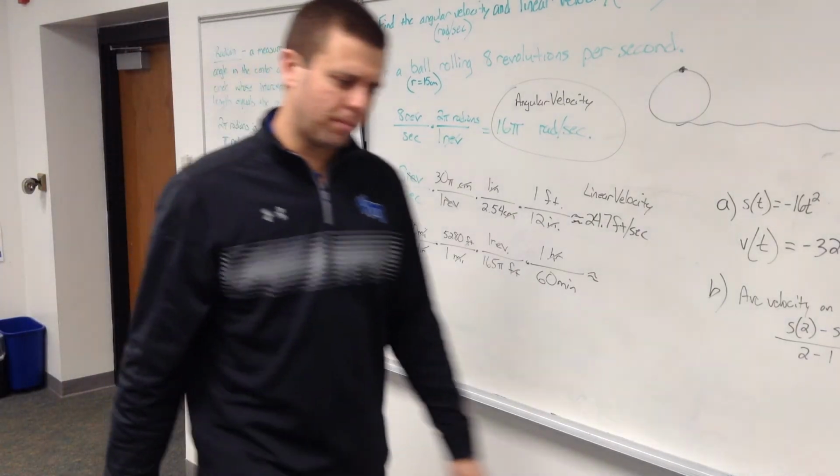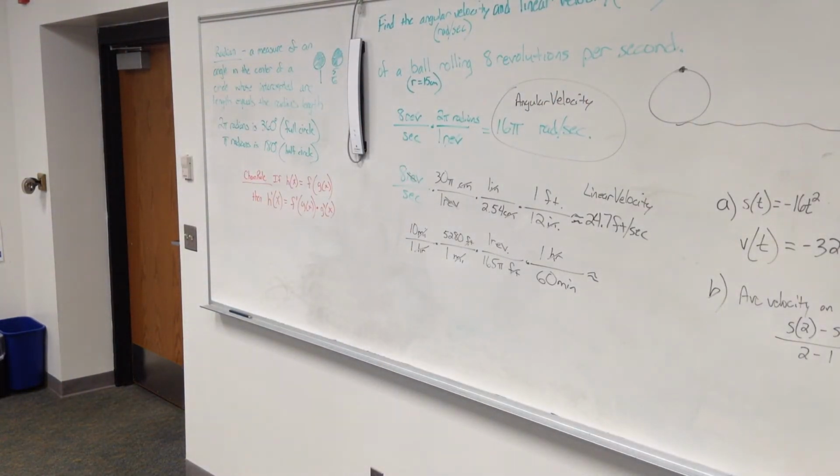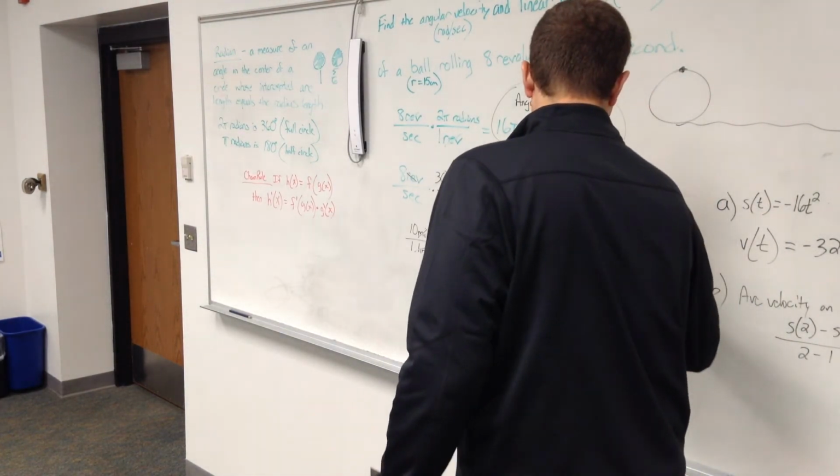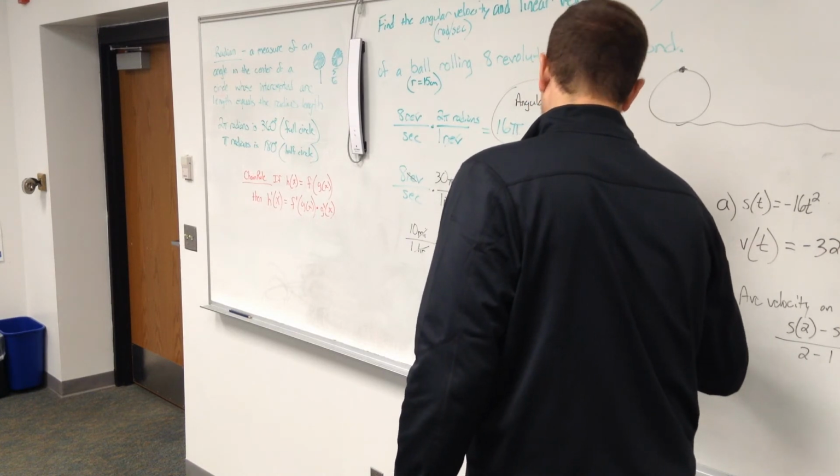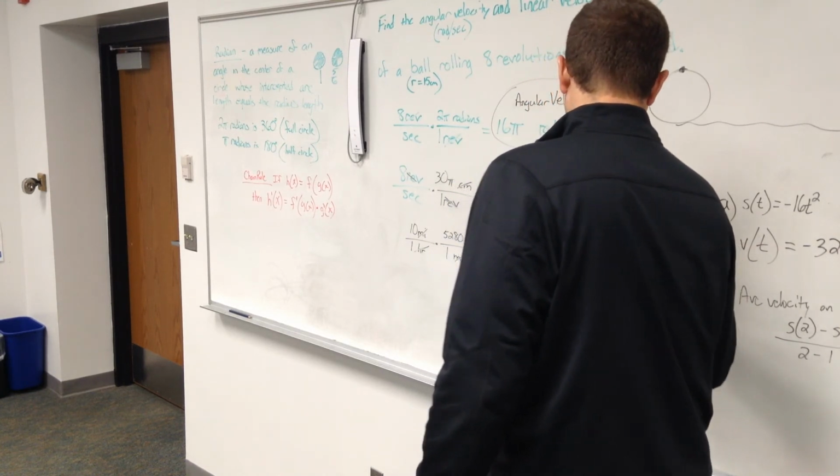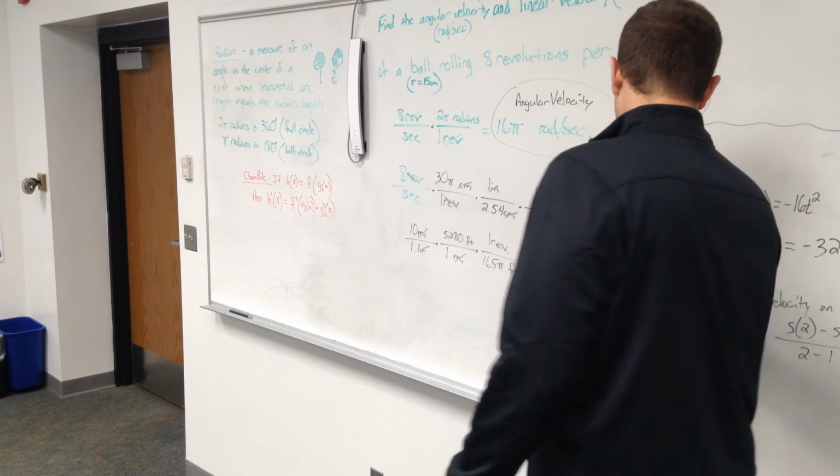Anybody else confirm that? 1.9? 10 times 5,280, divide by 165 pi times 60. I got 3 different answers, so I'm not sure if that's correct. 1.7. I got 3 different answers and none of them were right, so don't listen.